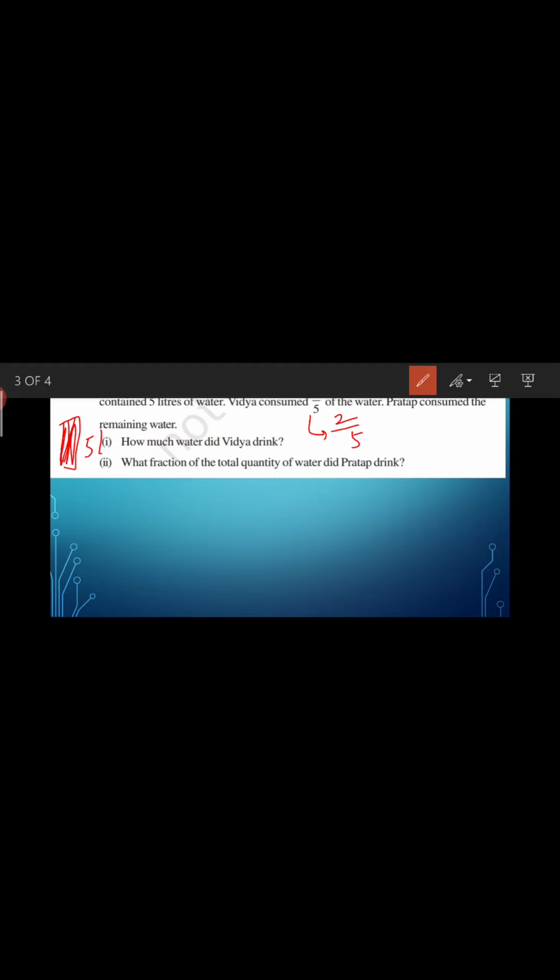Now you can see Vidya consumed 2 upon 5 of total. विद्या ने 2 upon 5 वाटर कंज्यूम किया, बट किसका 2 upon 5? जितना पानी टोटल था उसका 2 upon 5 कंज्यूम किया. सो वी कैन से विद्या कंज्यूम 2 upon 5 ऑफ टोटल कैपेसिटी ऑफ वाटर.